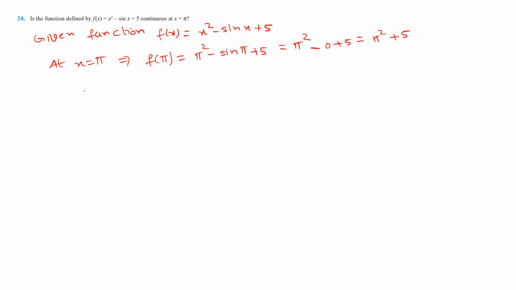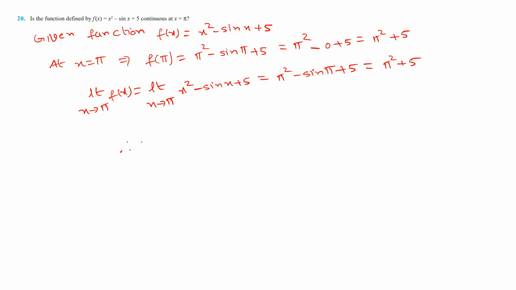Next, if we find the limit, limit x tends to pi of f of x, which is x square minus sine x plus 5. For x square we substitute pi: pi square minus sine pi plus 5. We know sine pi value is 0, so we get pi square plus 5 only.